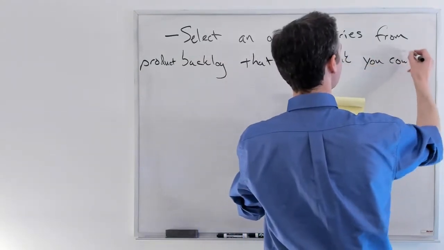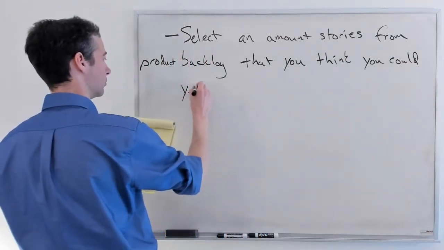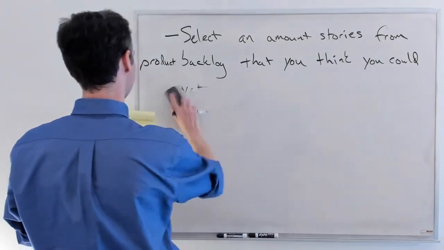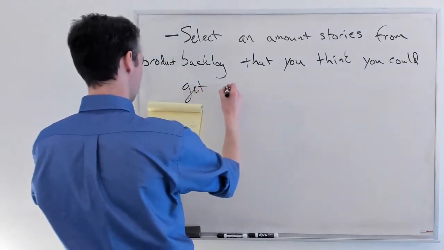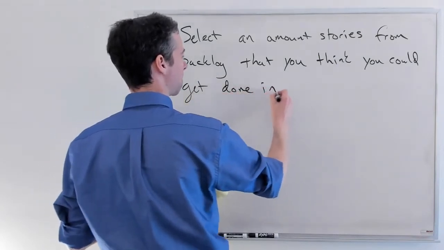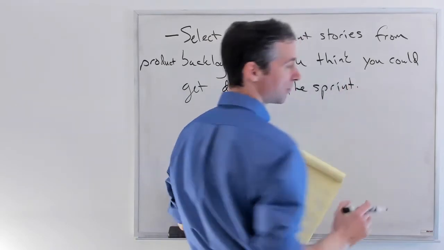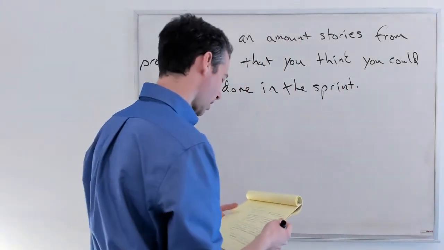Now, you're not committed to these yet. You're not committed yet, and you don't even know if you're really going to do all of these, or maybe you'll need to do more.